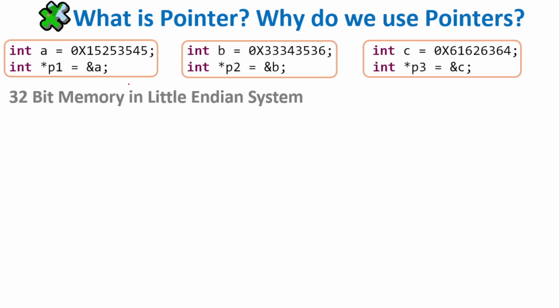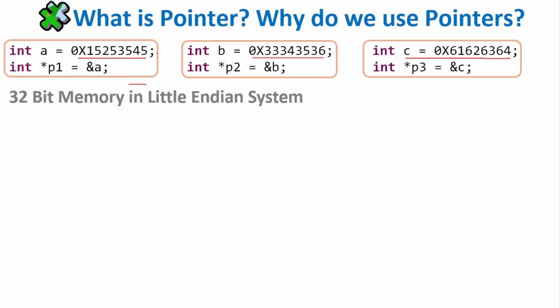We define three integer variables. Int a equals 15, 25, 35, 45. Int b equals 33, 34, 35, and 36. And int c equals 61, 62, 63, 64.